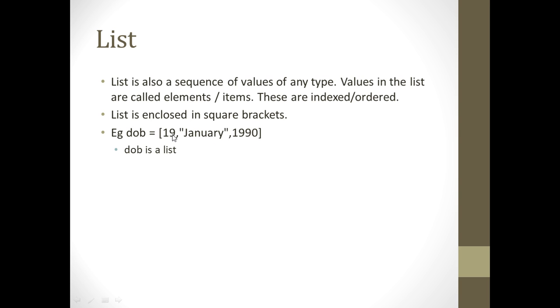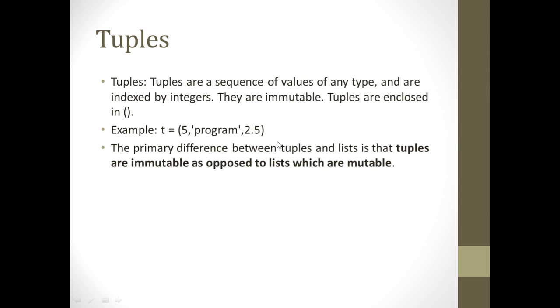So I have an integer, a string, and another integer. These can be included in the list. It can have the items of the same type or different type. Here DOB is a list, and 19, January, 1990 are the elements of the list.